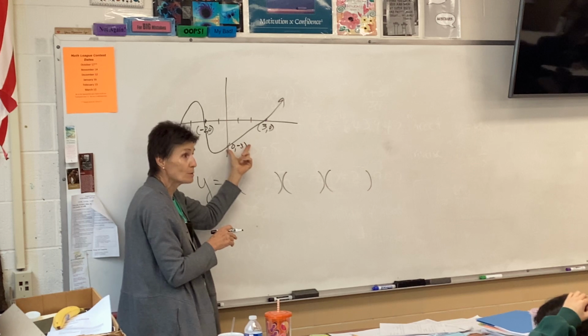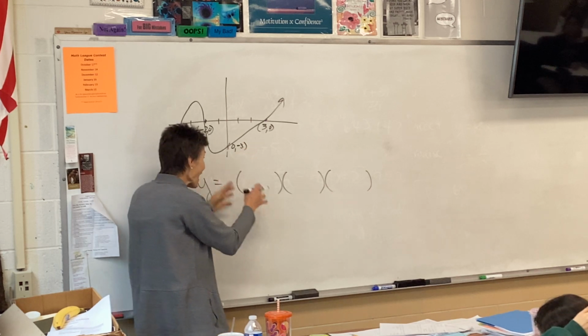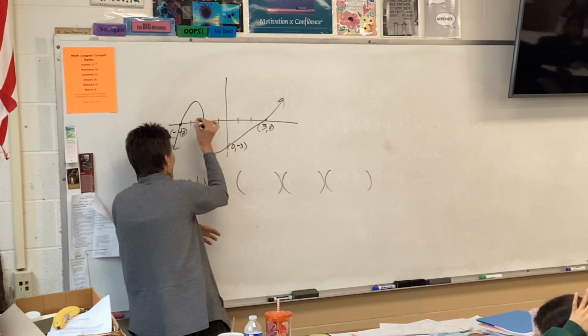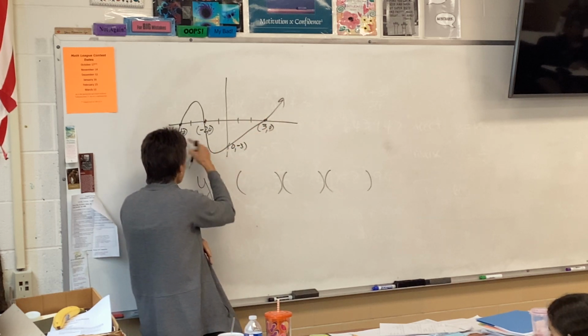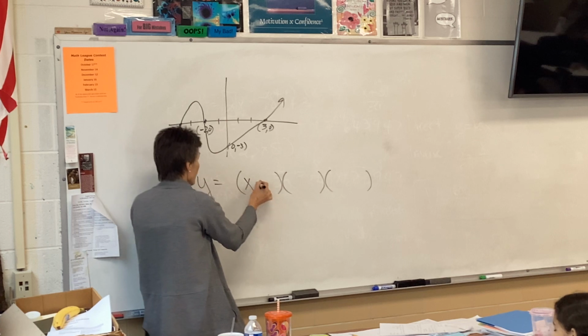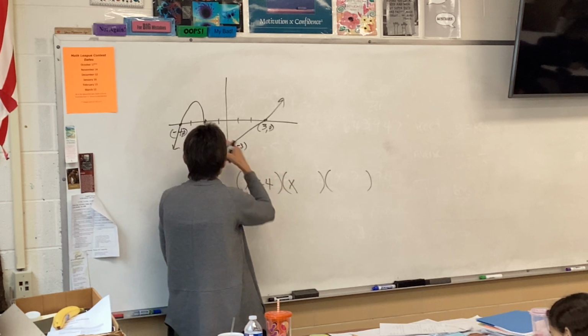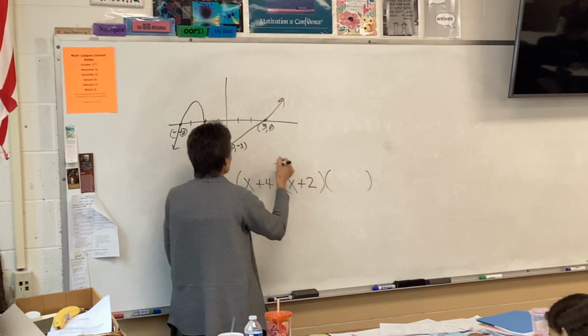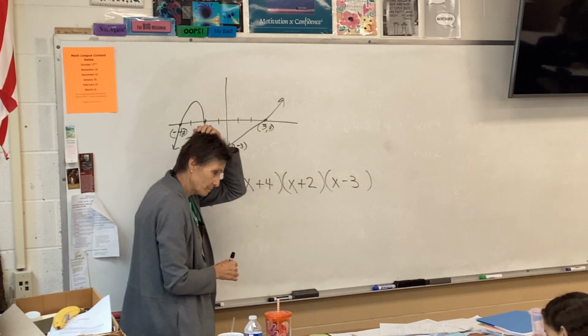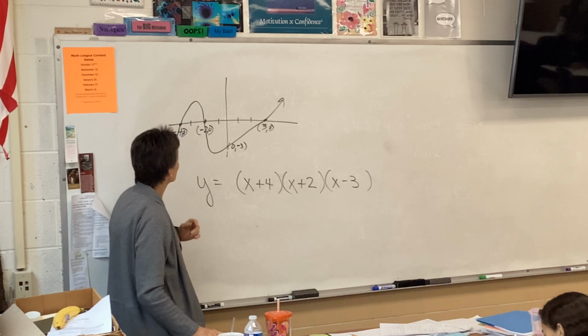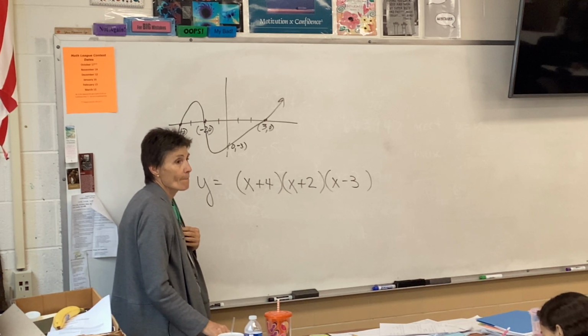Now we're gonna use him, but the factors are the x-intercepts. So that will be x plus 4, x plus 2, and x minus 3.